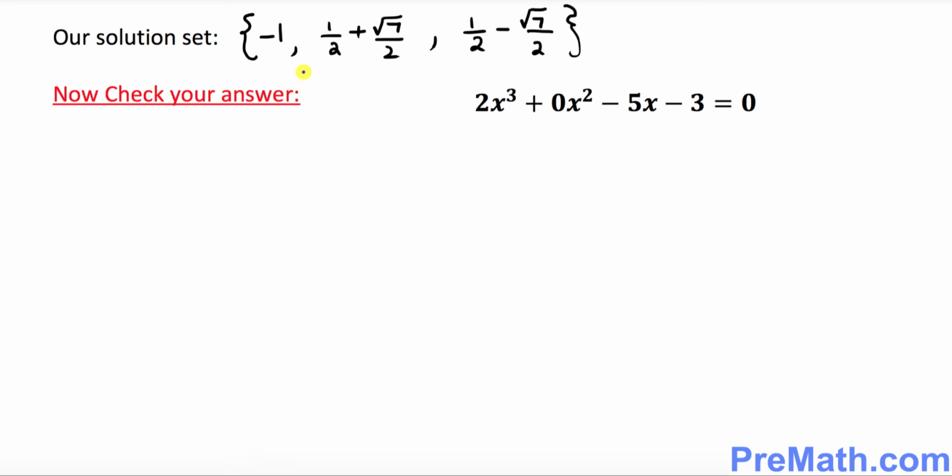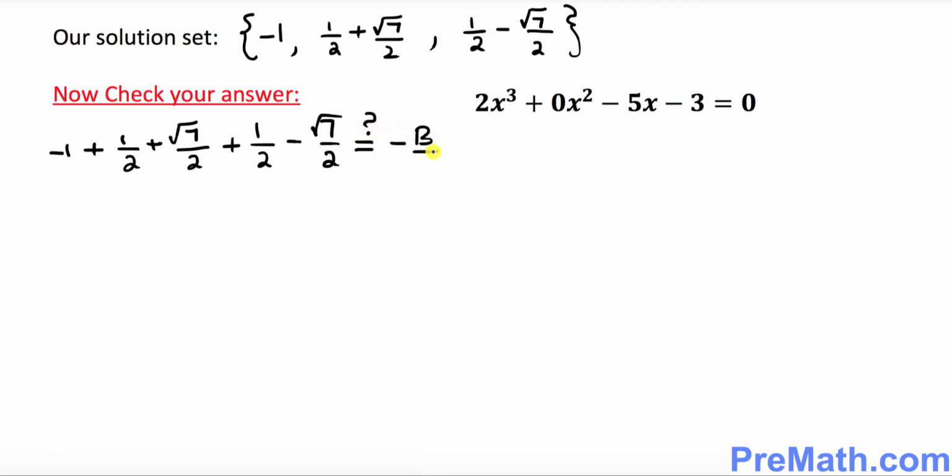So now the very first step is to add up whatever our solutions are. If you add them up, that's going to be -1 plus square root of 7 divided by 2, and then plus 1 over 2 minus square root of 7 over 2. And you ask yourself, is it equal to minus b over a?